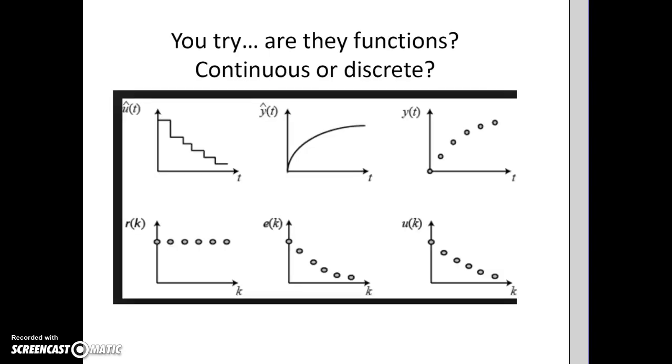Okay? You try. Are these functions continuous or discrete? Are they functions?